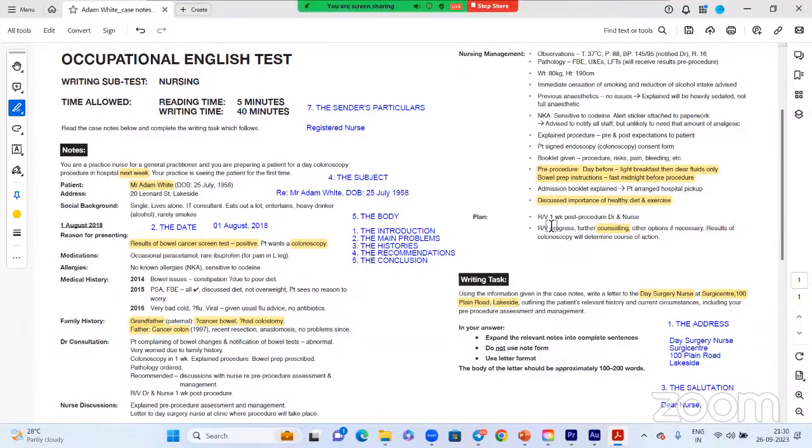Review 1 week post procedure by doctor and nurse has been scheduled. A review for assessment after 1 week has been scheduled.